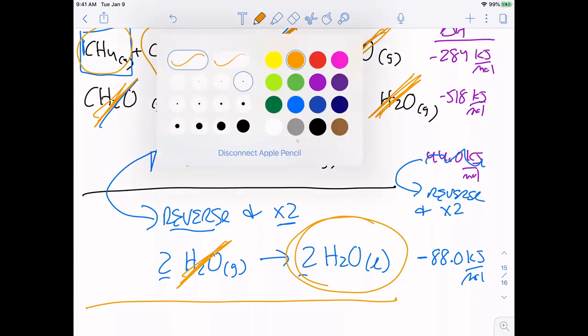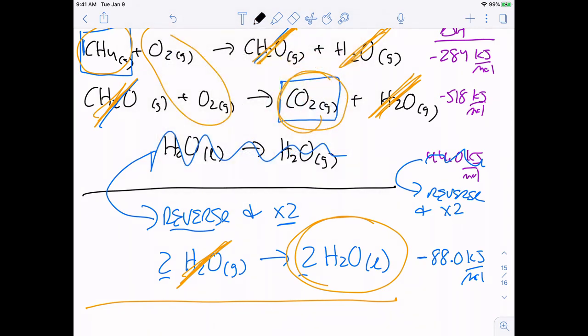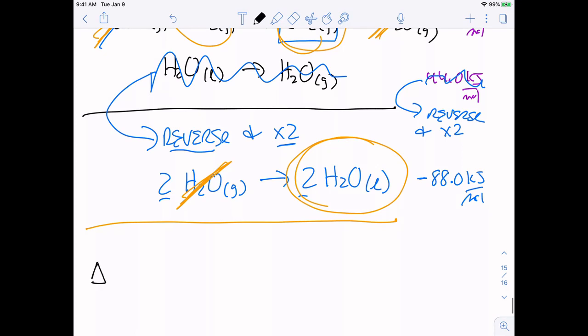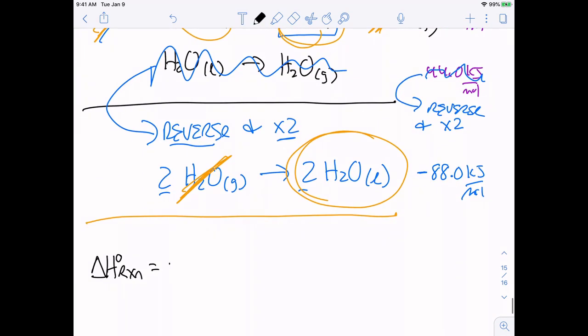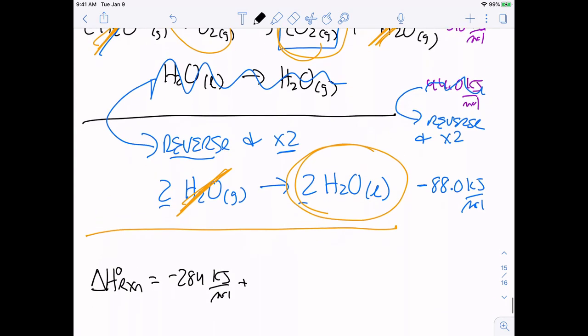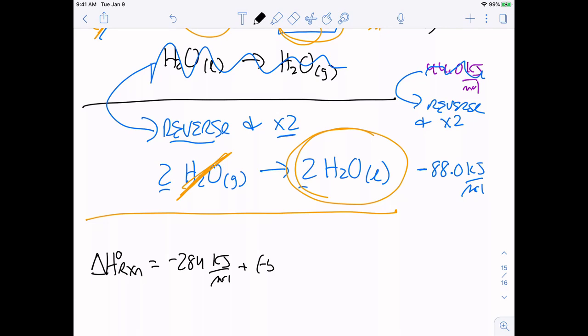So now when I determine my total, I'm going to add those together. So Hess's law says I can just simply add them together. So I'm going to have a negative 284 kilojoules per mole. I'm going to add to that a negative 518 kilojoules per mole.